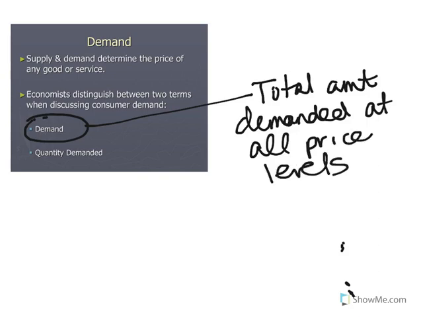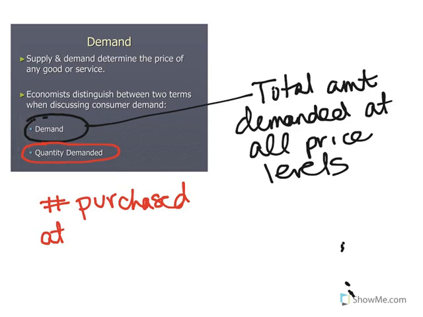Whereas if we are talking about quantity demanded, we're talking about the quantity that will be purchased at a specific price. So two different things. Demand is the total amount that will be purchased taking all price levels into consideration, whereas quantity demanded is just the specific amount that will be purchased at a specific price in the market. So you want to make sure that you understand the difference between the two.